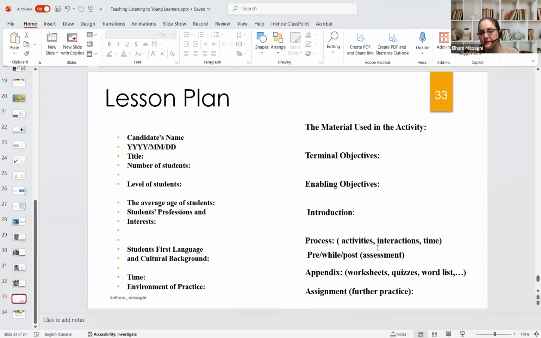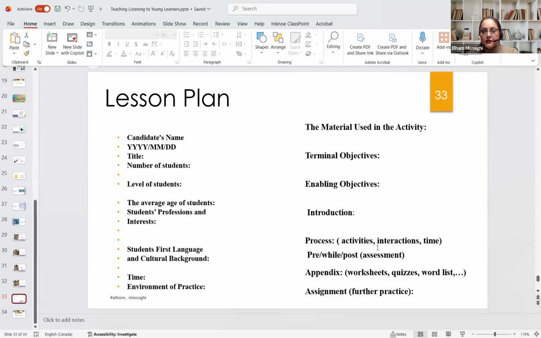What about the different activities? Listen and repeat. Guess. Fill in the blanks. Answer the questions. Then post. How do you assess your students? How do you get the feedback? Role play? Give you a summary?